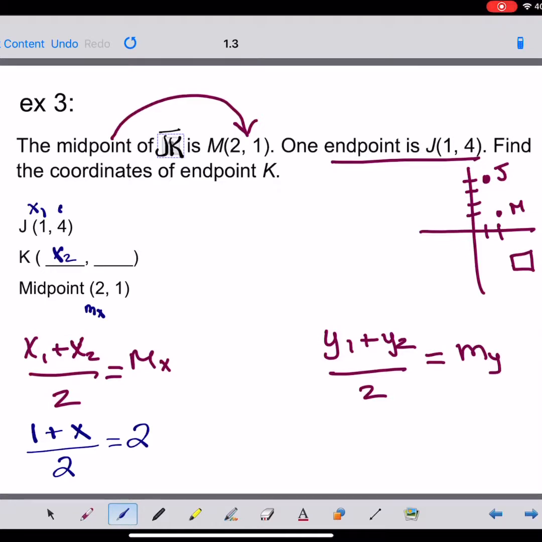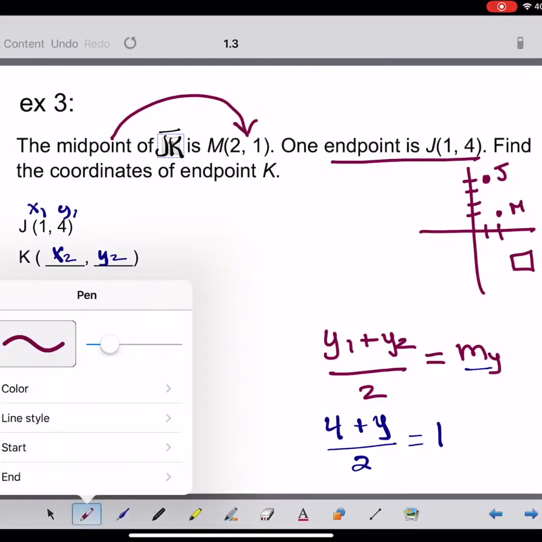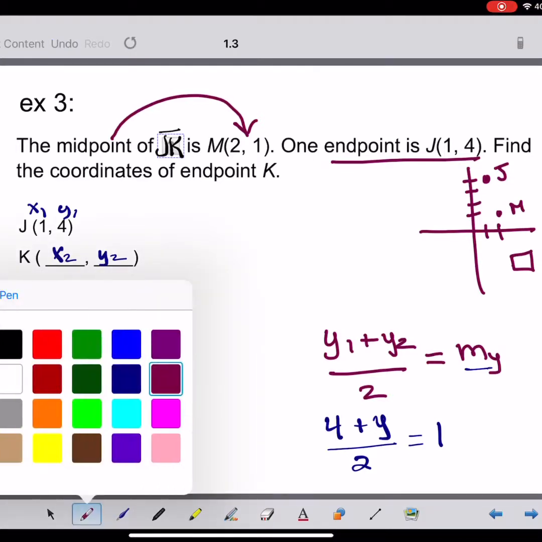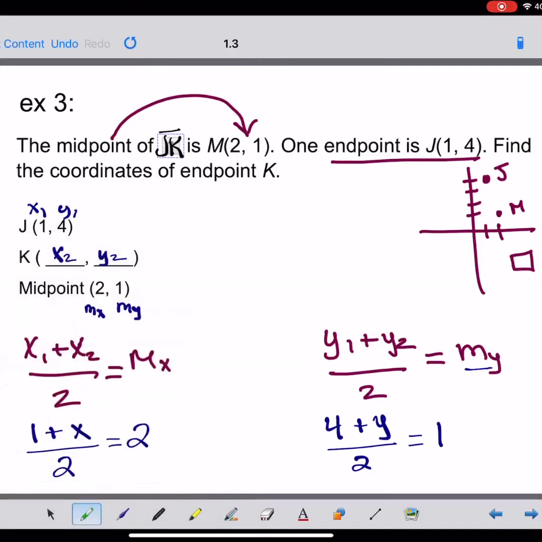I know my y1 value, it is 4. I do not know my y2 value, so I'm going to leave that as y divided by 2. And I know my midpoint value, which is 1. When I solve for this, I want to get rid of the fraction first, so I'm going to multiply both sides by 2.